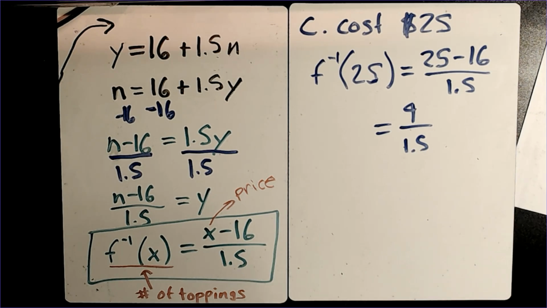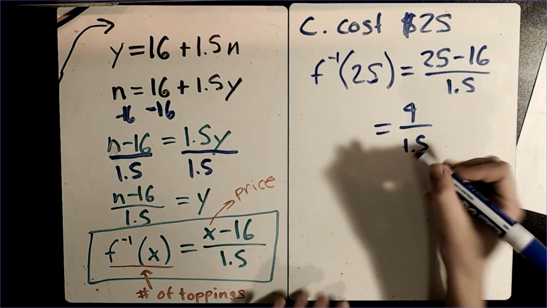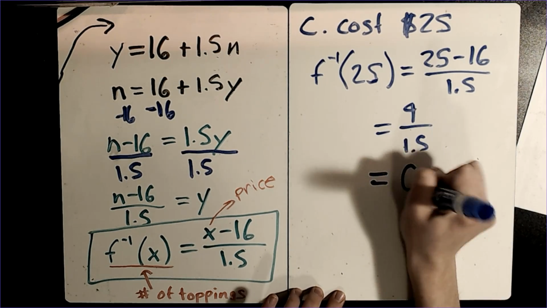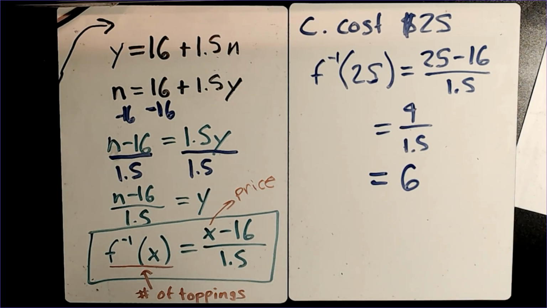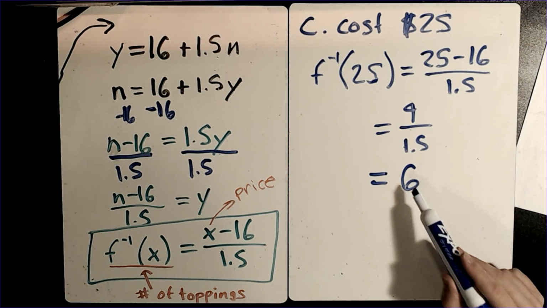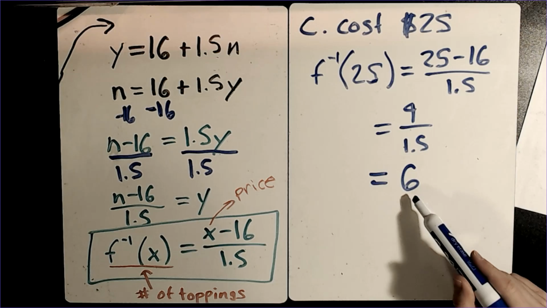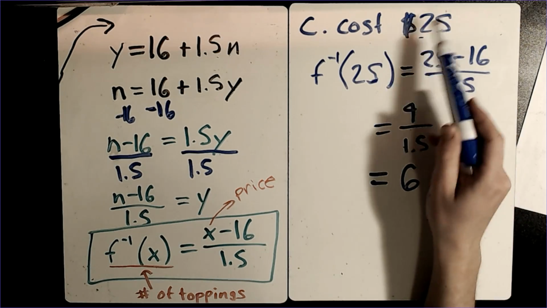Let me grab my calculator. I think it's probably 8 or something. I don't know. Don't pay attention to me trying to do math in my head. Okay, it's 6. So if you get 6 toppings, that's going to give you the cost of 25.